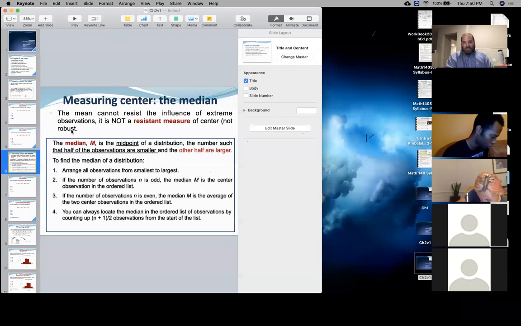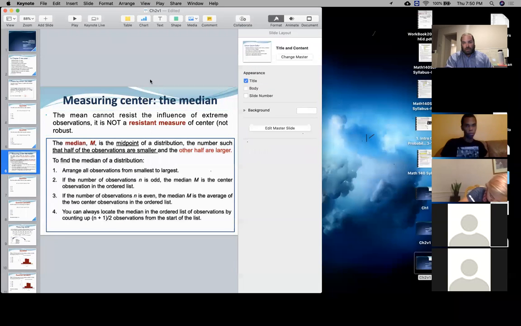And here in this slide is a great term. It says the mean cannot resist the influence of extreme observations. If you have a number that's way bigger or way smaller than the rest, the mean cannot resist its influence.